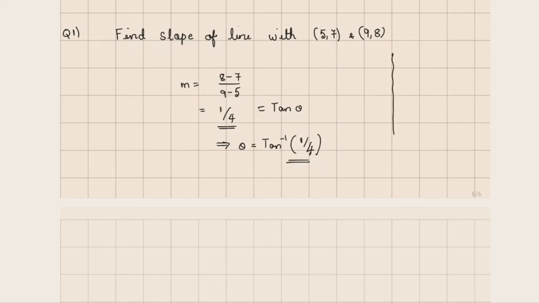So what does this mean? Let's say this is the line L, with points (5, 7) and (9, 8). Its slope is equal to 1 by 4. This is the inclination theta, which is nothing but tan inverse 1 by 4. So these two points define a line with a slope of 1 by 4.